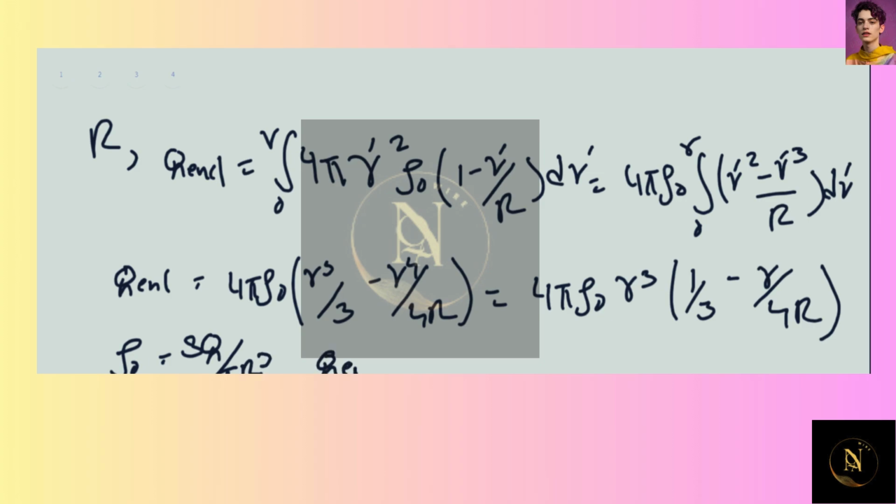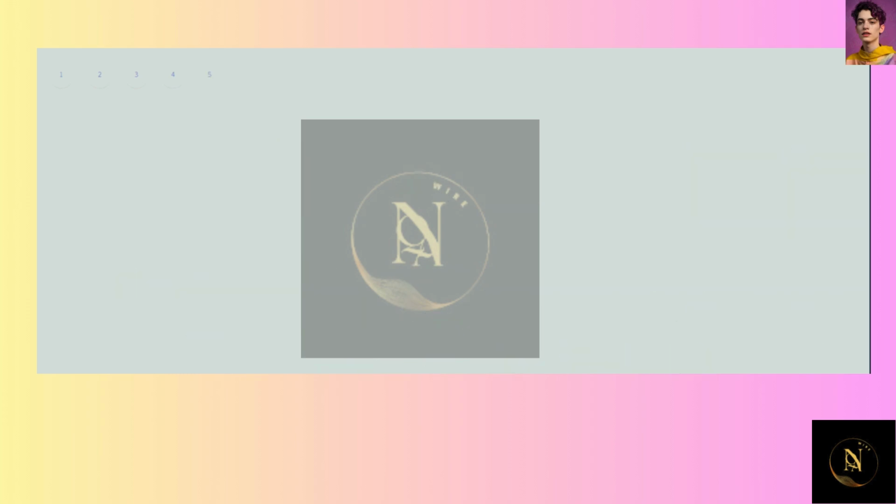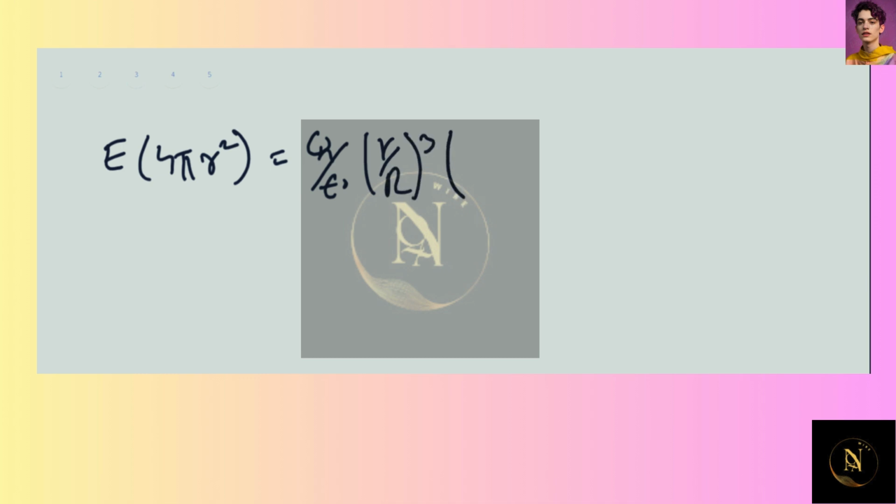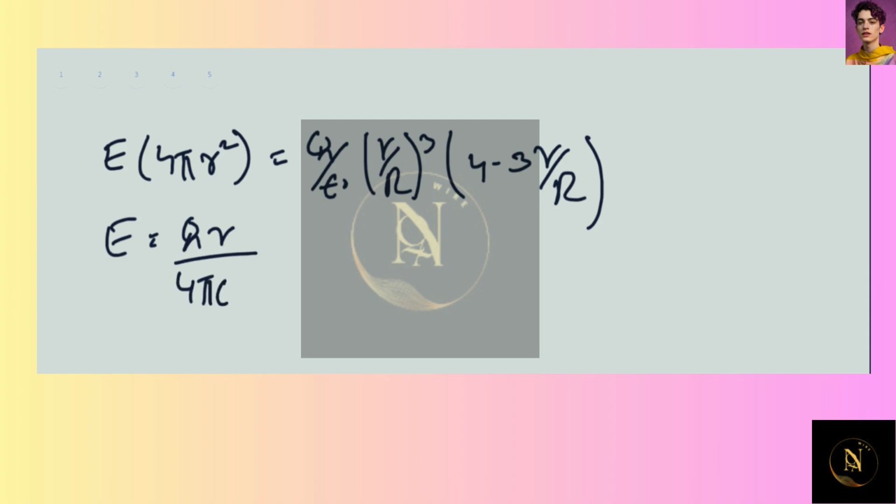So charge enclosed will be Q r cubed over capital R cubed times 4 minus 3r divided by capital R, all over 12. From Gauss's law, that is E times 4 pi r squared is equal to Q over epsilon times r over capital R, whole cubed, times 4 minus 3r over capital R. Then further simplifying and solving for E, we get the electric field to be capital Q times r divided by 4 pi epsilon R cubed times 4 minus 3r divided by R, where r is less than or equal to capital R.